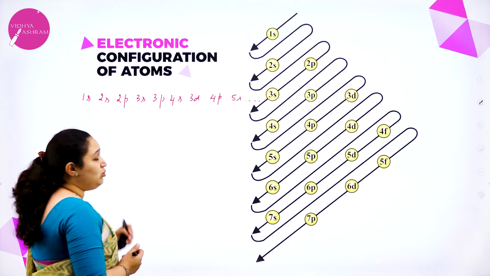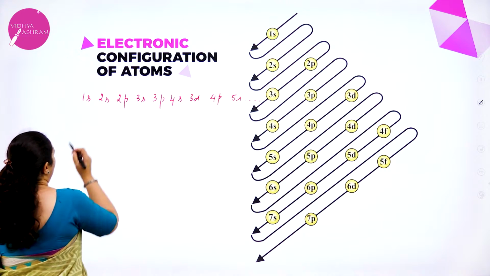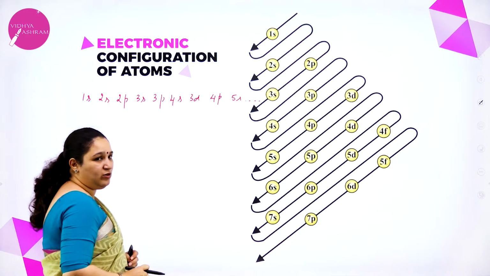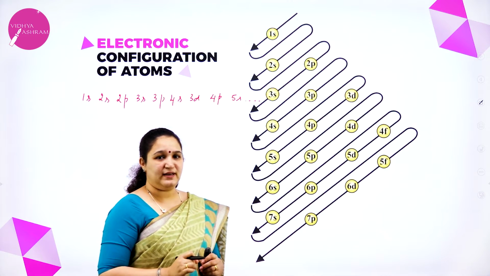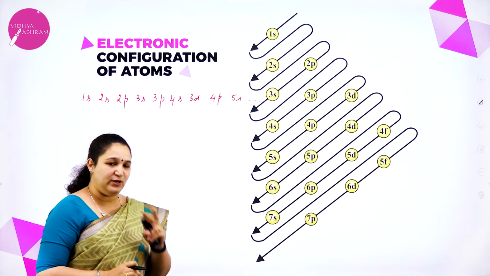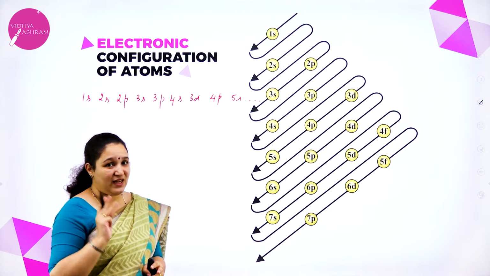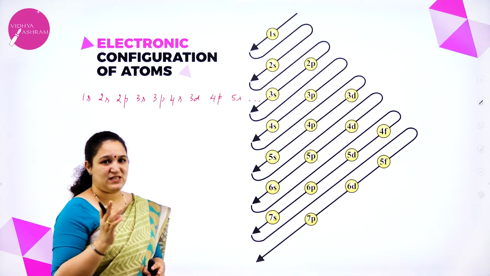So how do I write the electronic configuration? First thing you need to remember is every orbital can take a maximum of 2 electrons. So in the s orbital there can be only 2 electrons. The p subshell has 3 orbitals, correct? Px, Py, Pz.